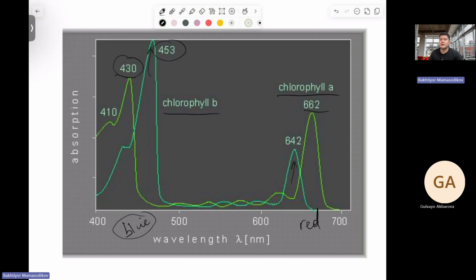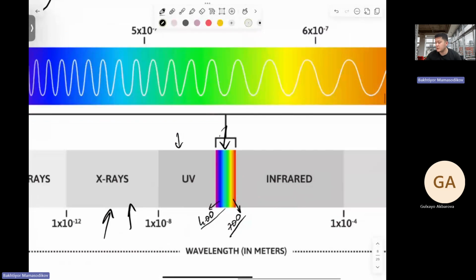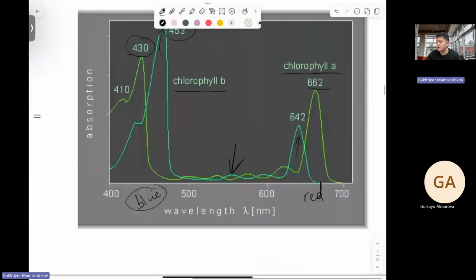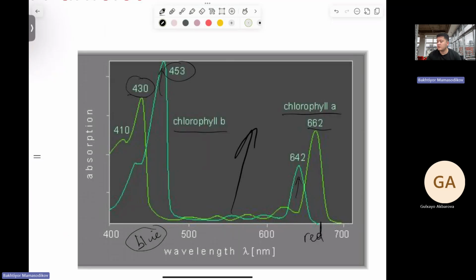Okay. And the green light is reflected. As you can see, the green light is mostly in the center. This green light is reflected outside. This shows absorption. The taller it is, the more it is absorbed. The lower they are, the more they are reflected.